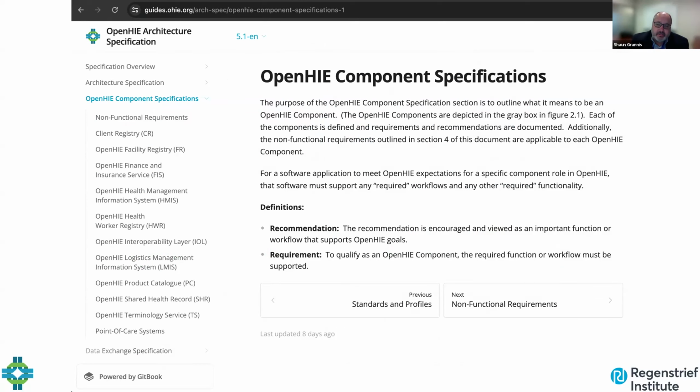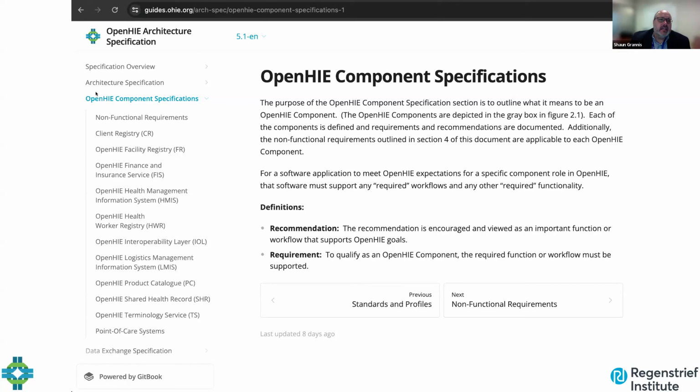And the high-level fundamental purpose of the client registry is to identify that person, individual people, across those different domains, so that their information can be stitched together to provide a comprehensive overview of the patient.